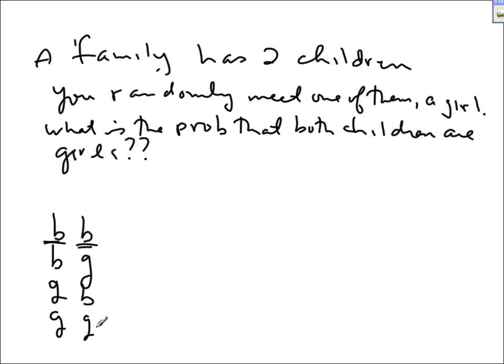Those are the 4. But you met a girl, so this one's out. In this one, you met a girl. The other one's not a girl. In this case, you met a girl. The other one's not a girl. In this case, no matter which girl you met, the other one is a girl. It's 1 out of 3. And we're going to prove this by Bayes' theorem, Bayes' formula.